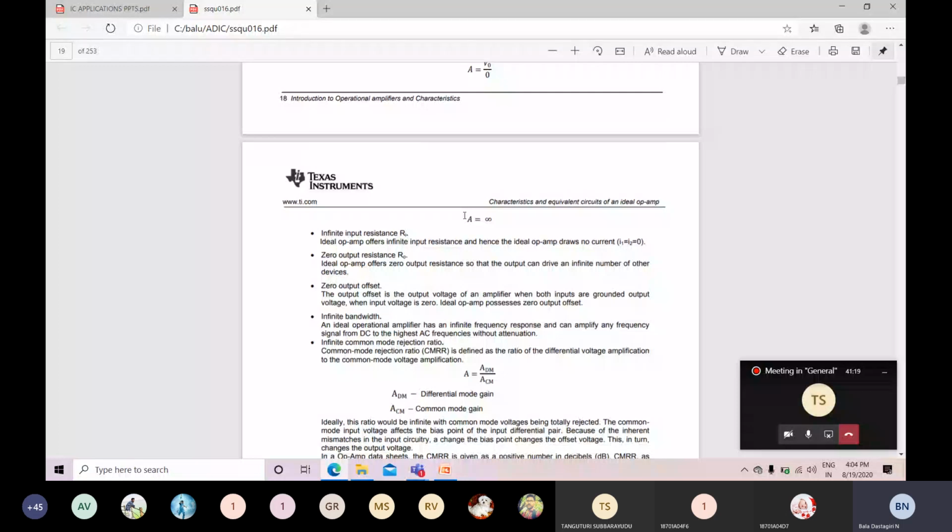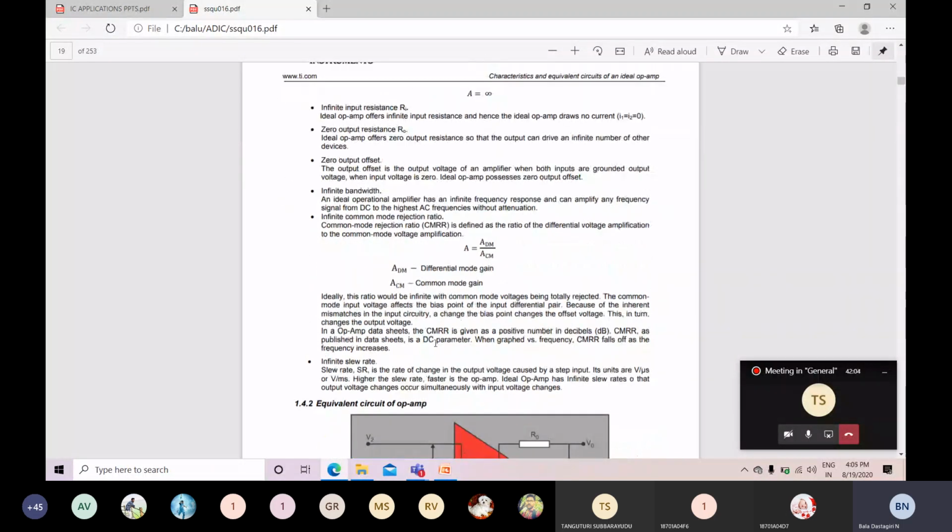In the op amp, VD is the difference input voltage. Similarly, there will be a common voltage to both of the inputs, which is known as the common mode voltage VCM. So CMRR is ADM by ACM, the differential mode gain by the common mode gain. This should be infinite for an op amp. We will discuss this common mode rejection ratio in detail in the next classes.